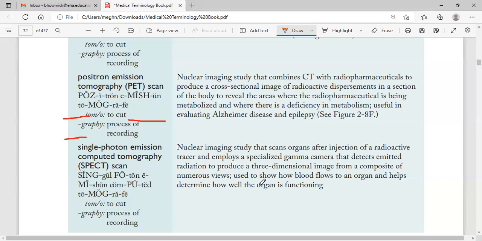So basically, these pages are talking about some radio imaging or some procedures to diagnose diseases.